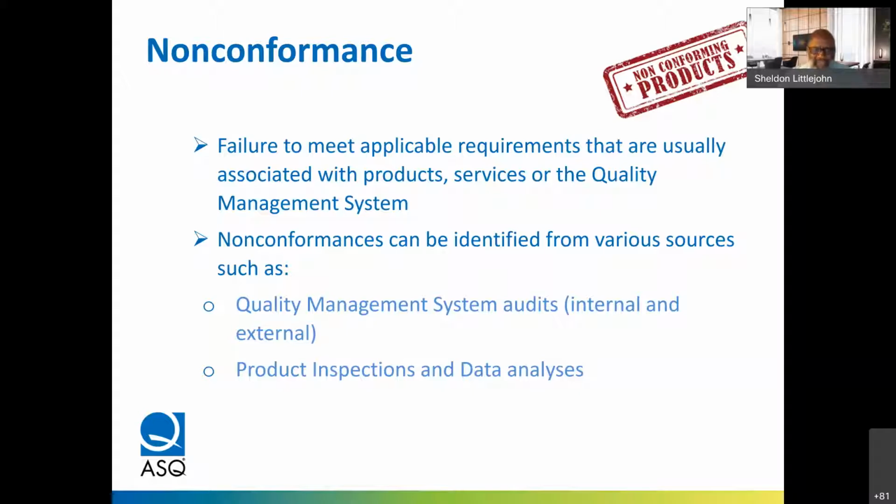These can arise from product inspections, from analyses of data. Pretty much anyone within your organization or even your customers should be able to identify when things aren't going the way they should and raise a red flag so that these issues can be addressed. So a wide array of sources abound within and even external to your organization to identify non-conformances.